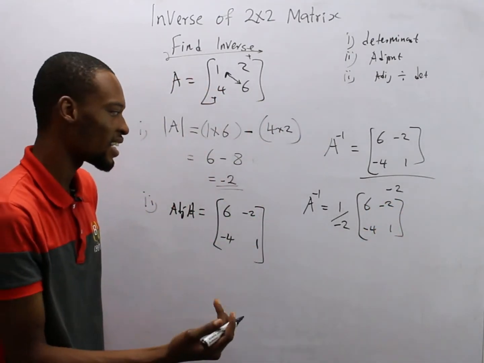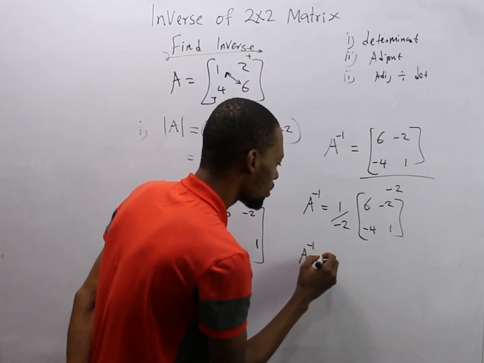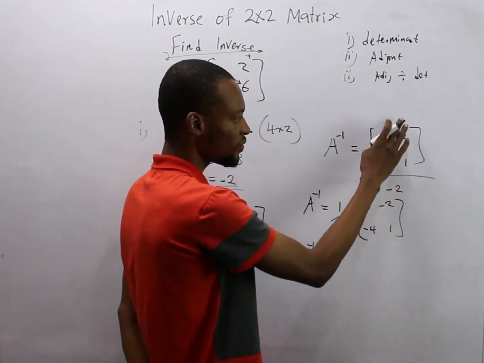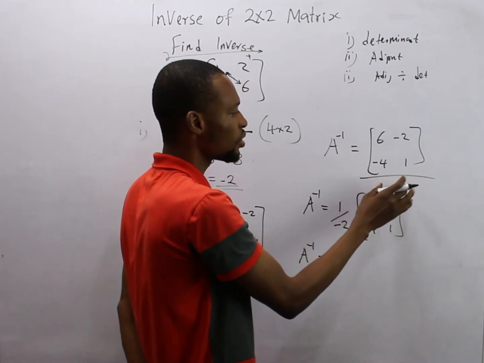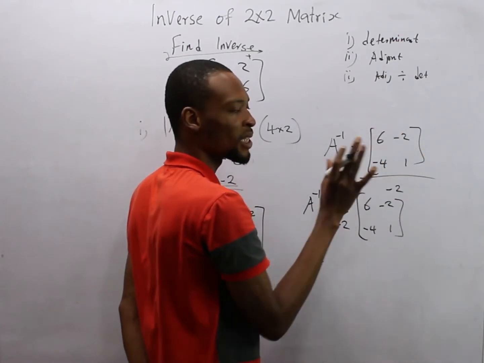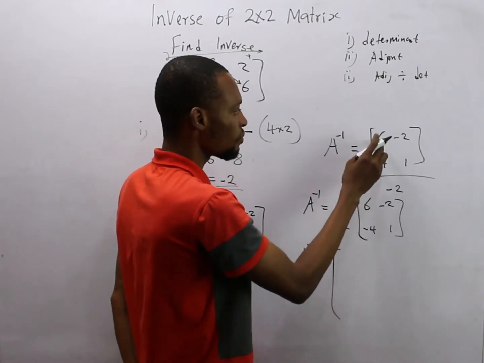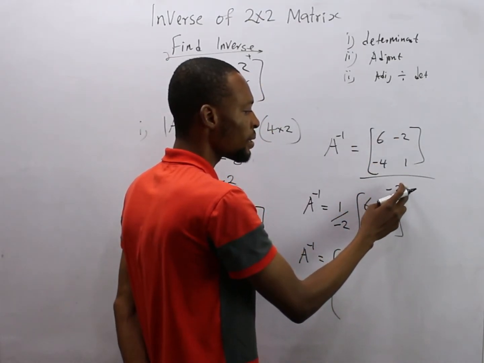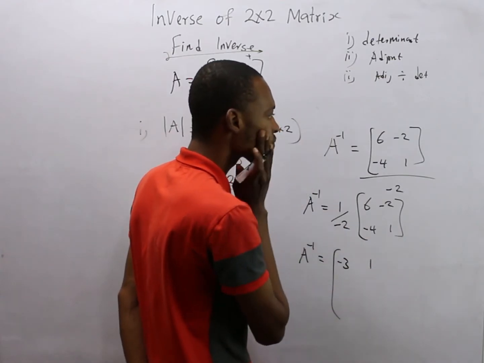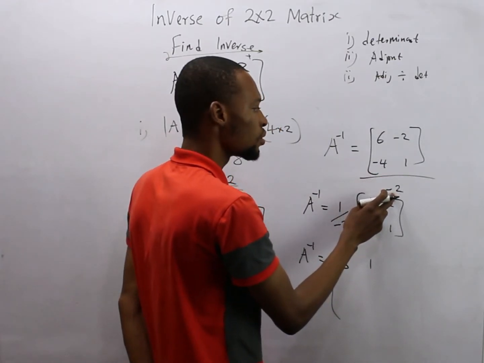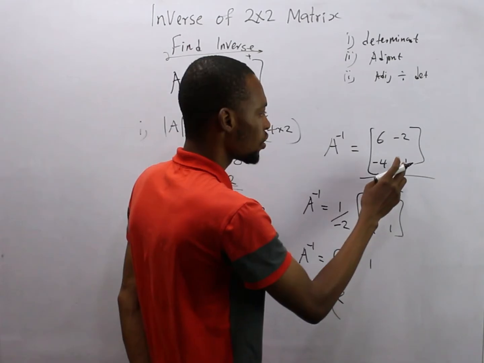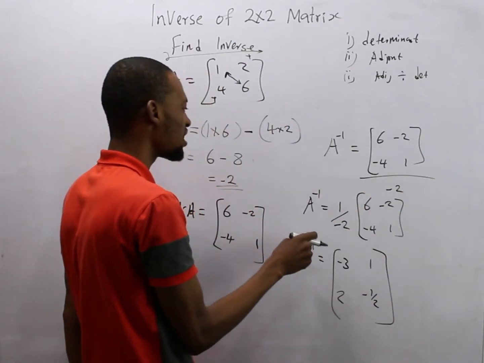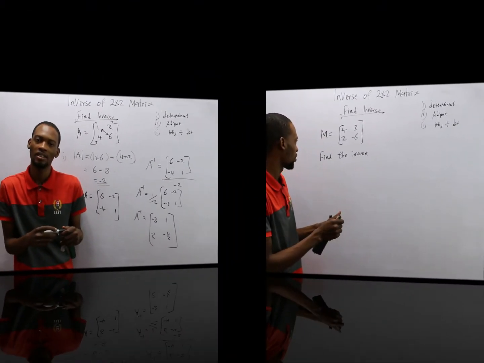You can further simplify by dividing by the determinant, which means we divide everything inside this matrix by minus 2. 6 divided by minus 2 gives minus 3. Minus 2 divided by minus 2 gives 1. Minus 4 divided by minus 2 gives 2. 1 divided by minus 2 gives minus 1 over 2. So that is the inverse of this matrix.